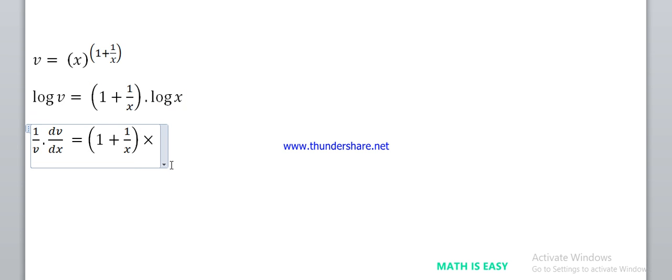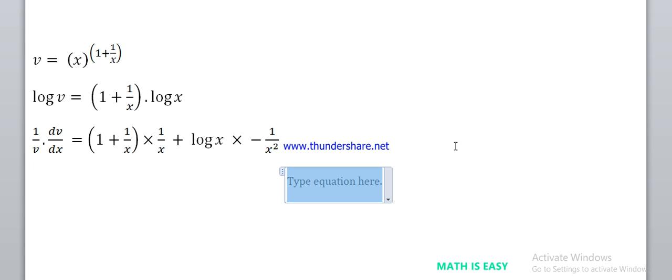Derivative of v means derivative of log x, which is going to be 1 by x, plus v derivative of u. V means log x into derivative of this term. Derivative of this term, what you get? Derivative of 1 is 0 and derivative of 1 by x is minus 1 upon x square. That's what the derivation will come.